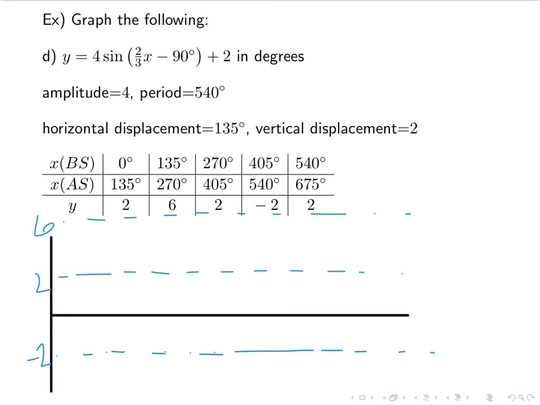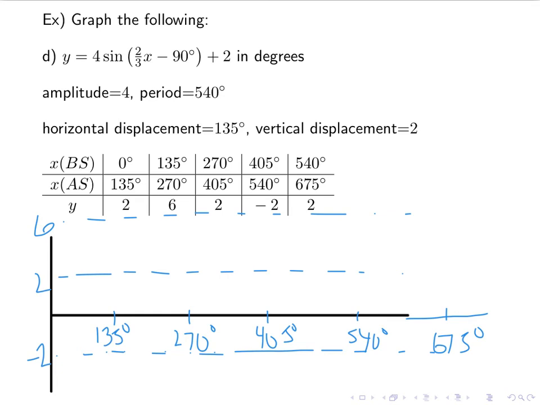And then we've got 135, 270, 405, 540, again kind of running out of room here, 675 degrees. And I want you to notice that they are all equally spaced, and in this case, even from 0 to 135 is equally spaced because it was both the quarter of my period and my horizontal distance.